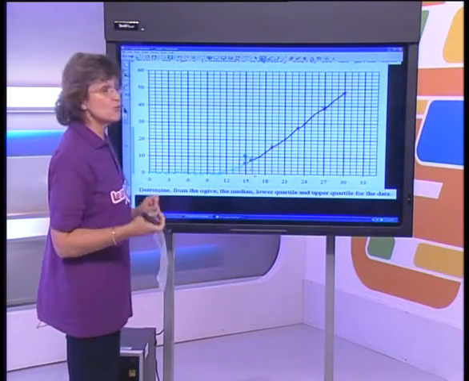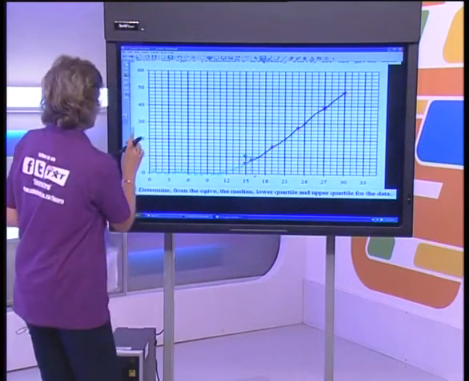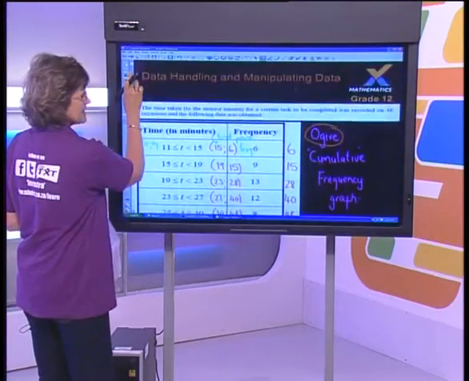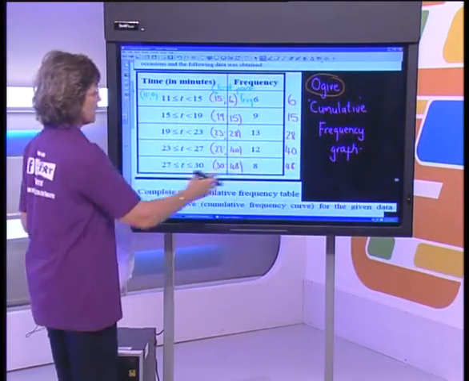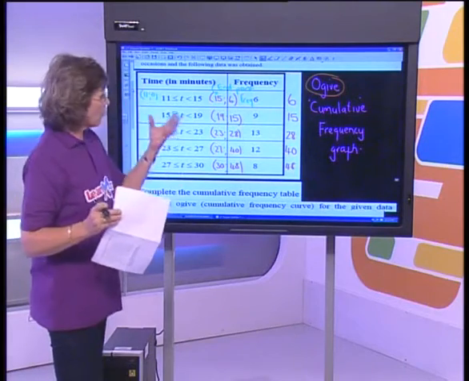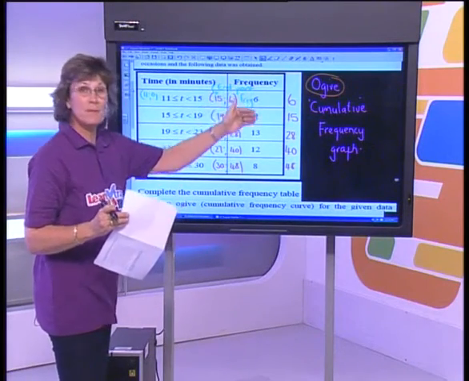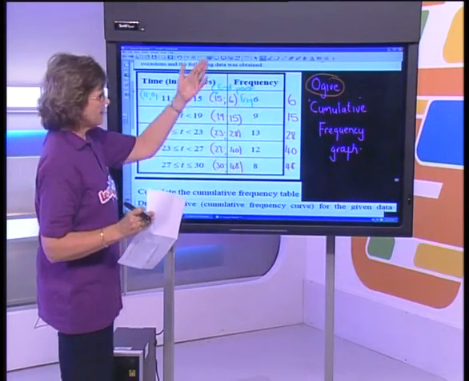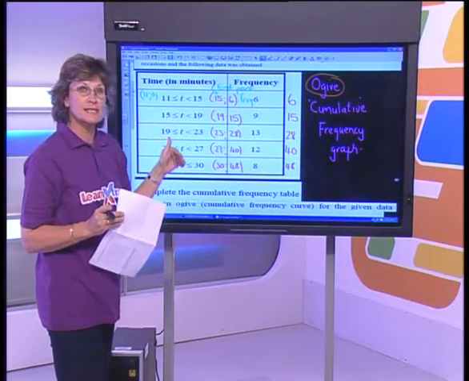Now, what do we use this for? Now, if we go back to our grouped data, can you see we've got our grouped data? It tells us nothing, all right? All that it tells us now is how many are in each class, and that there's like 40 below 27.